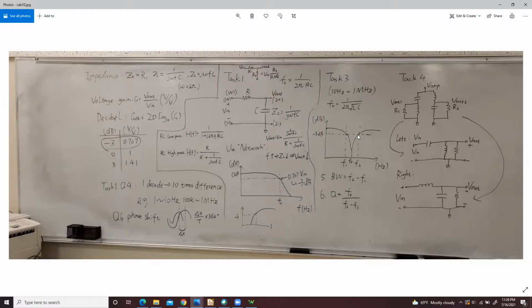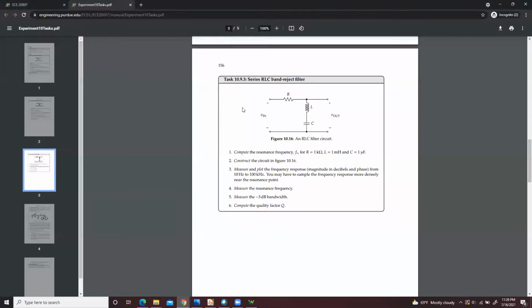You take the difference: F2 minus F1 gives you the bandwidth. Then step number 6, the Q factor, is simply the resonance frequency divided by the bandwidth. All right, so that's task 3.